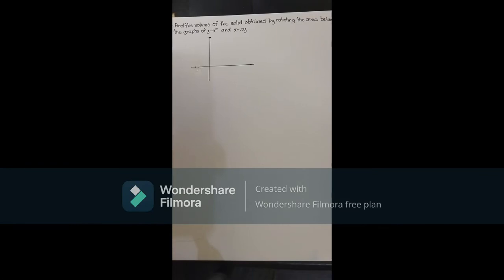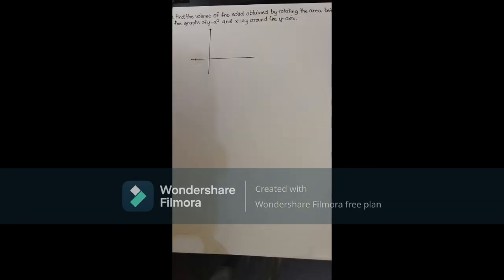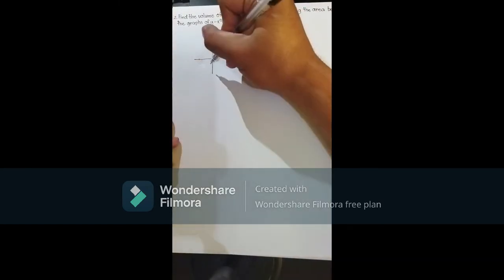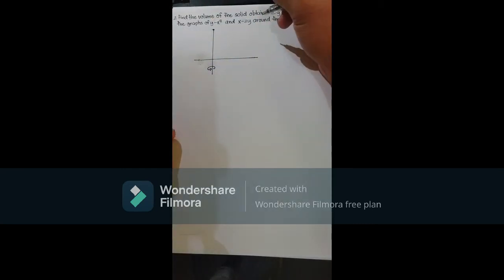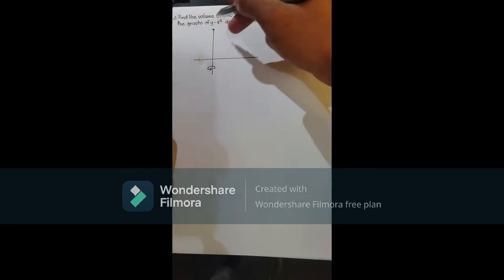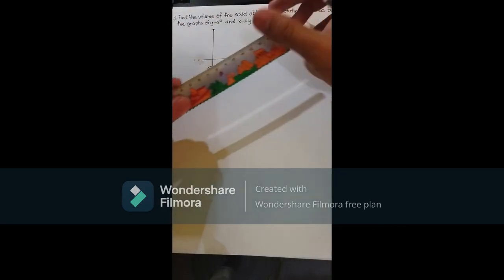Problem number 2. Find the volume of the solid obtained by rotating the area between the graphs y equals x squared and x equals 2y around the y-axis. So first, the axis of rotation is the y-axis. We are going to graph y equals x squared and x equals 2y.